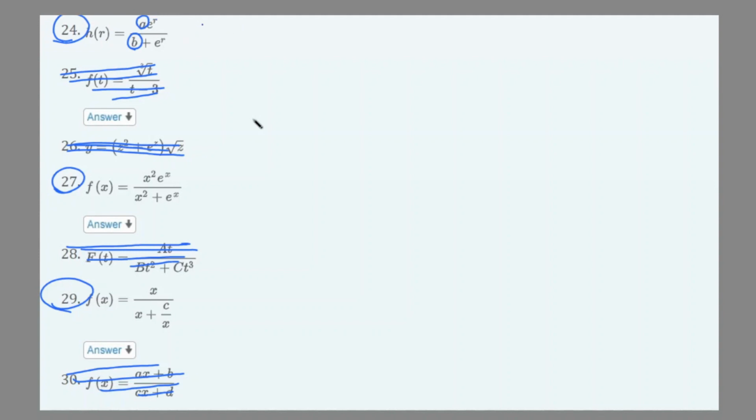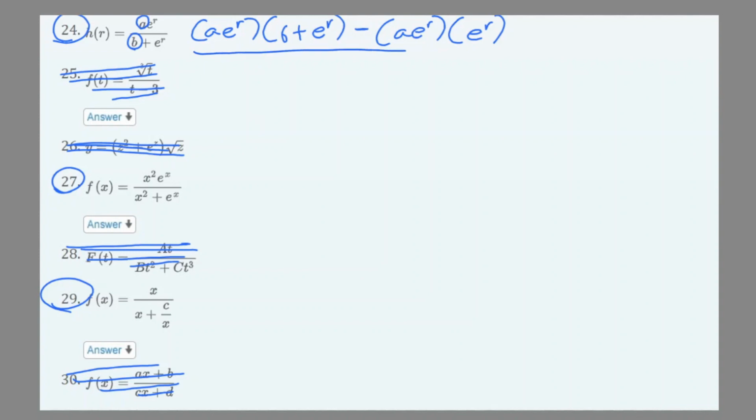So if we use the quotient rule, we would do a e to the power of r times b plus e to the power of r, minus a e to the power of r times g prime, which is just e to the power of r because b gets canceled out. And then that would be over b plus e to the power of r squared.